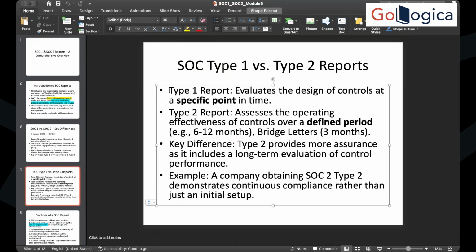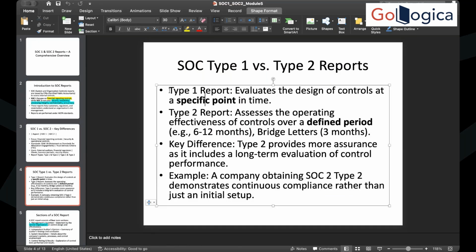They say, share the SOC 1 report with me in a month, then only I'll give you the business. So when we have less time, we do a type 1 audit, where it's point in time. For example, today is 19th March, right? The auditors would come on 20th March and test the controls in my system, in my product, on 20th March, and they will give the report based on their testing on 20th March.